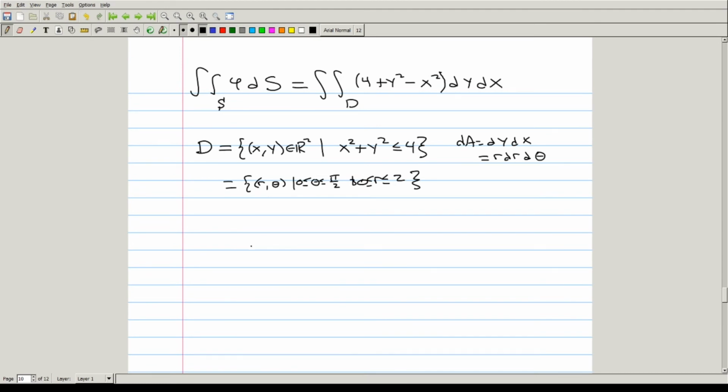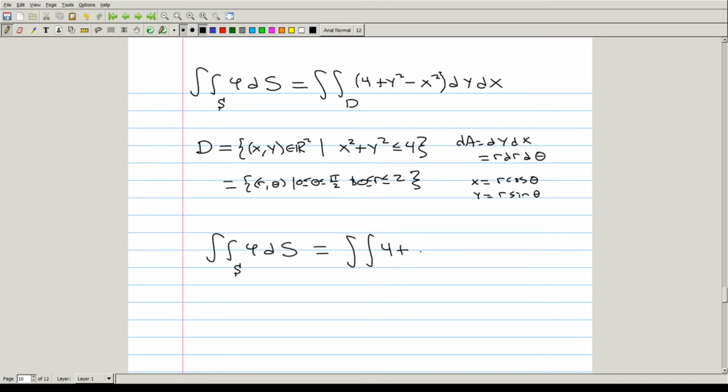So this double integral, when we write it in polar coordinates, is going to be 4 plus y squared. In polar coordinates, x is equal to r cosine theta and y is equal to r sine theta.